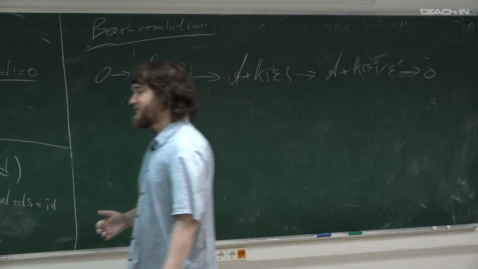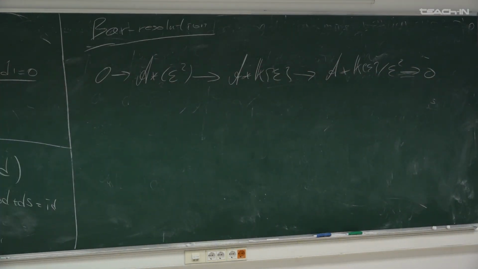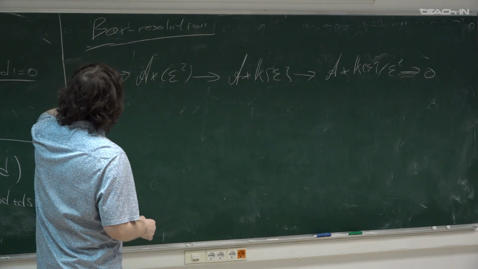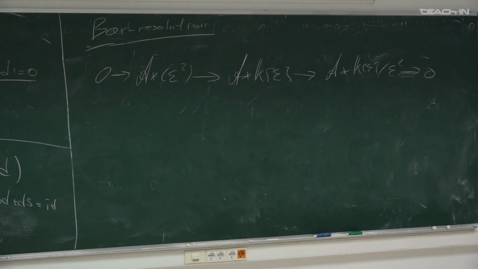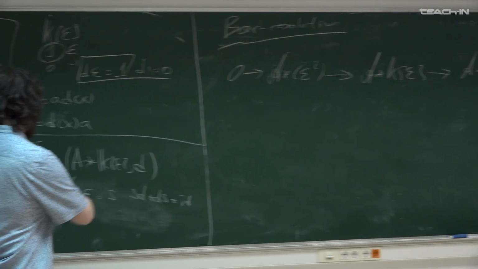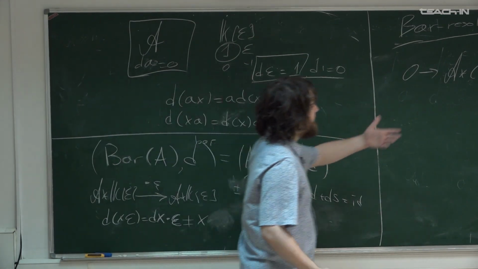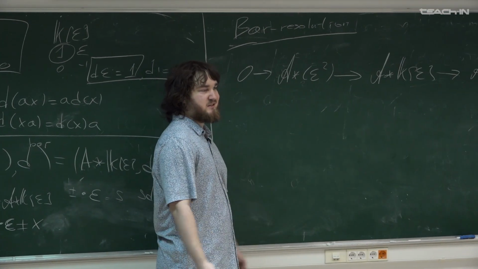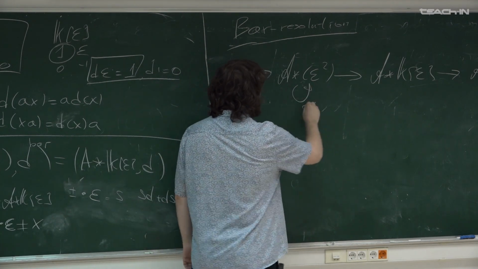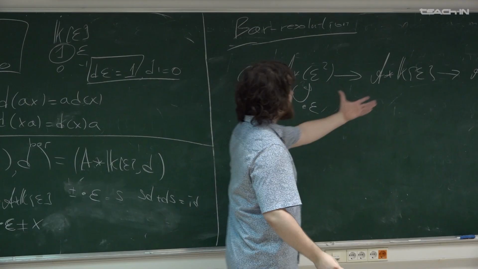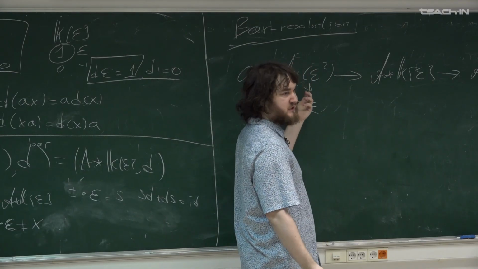It's a short exact sequence of cochain complexes, and my homotopy, my contraction, preserves this ideal, because it's multiplication by epsilon. If I am in this ideal, then I am again in this ideal after multiplication by epsilon. So in fact, this contraction contracts this and contracts this. This also works for the quotient, so this is also contractible.